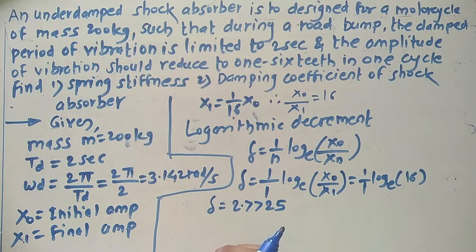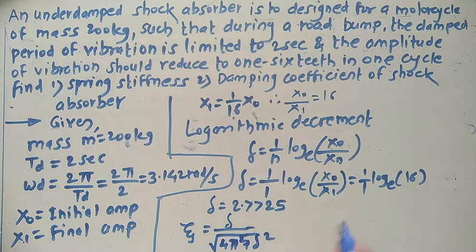Okay, so to get the damping coefficient, it is very important to first get the value for zeta. So initially, the value for delta with us, from this relation we can easily get the value for zeta. So zeta is nothing but delta upon square root of 4 pi square plus delta square.